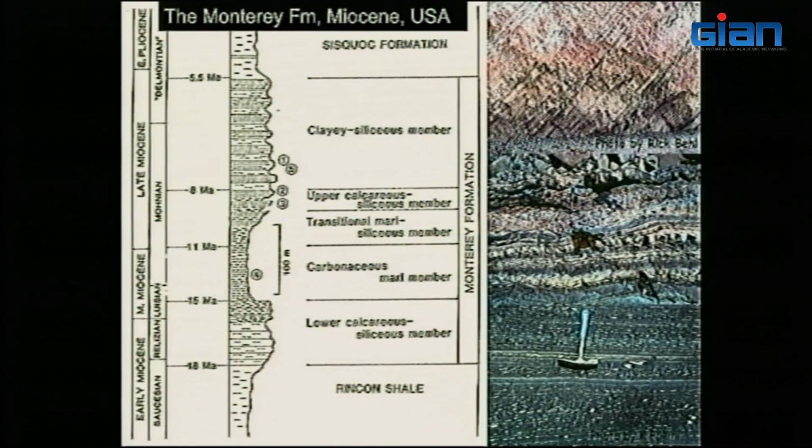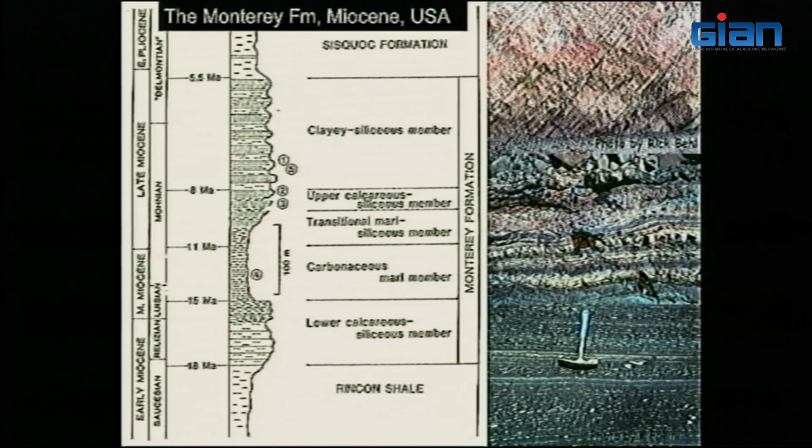The last one is the Monterey Formation. It's the last example of an anoxic event, and the only one which really exists in the Tertiary. It is Miocene in age, and it corresponds mainly to the Californian coast, where you have a lot of upwelling activity, boosting the productivity.